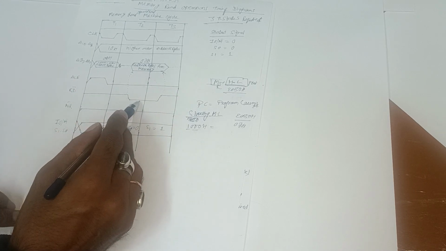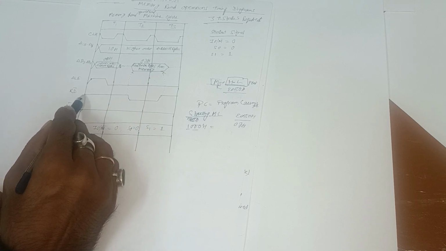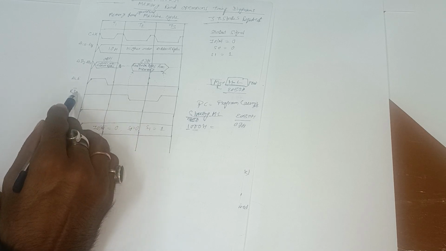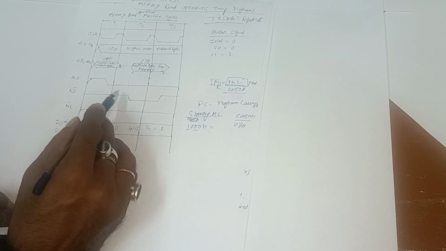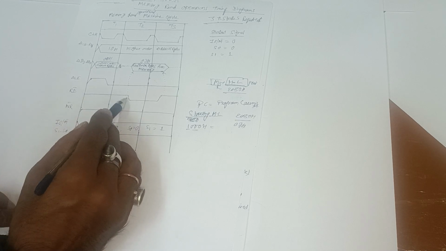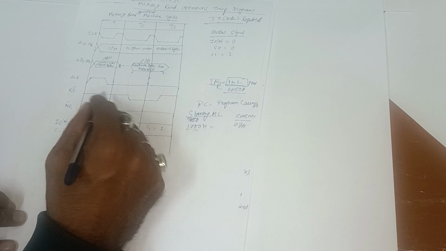RD: because we are doing memory read operations, obviously we are performing reads. RD bar equals 0 means it is a low enabled signal, so whenever you give a low input it will be enabled.